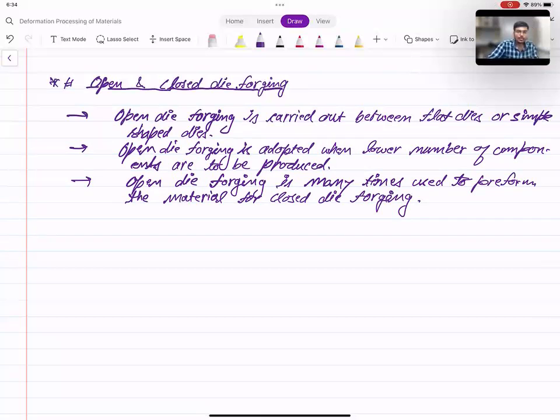Again, as we discussed, in closed die forging the workpiece is forged using two dies, but they will have a cavity which has the dimensions of the product. After forging, the material takes the shape of the cavity, which leads to the final accurate dimensions. It will not be exactly the same as the original, but very close to the original dimensions can be achieved here.